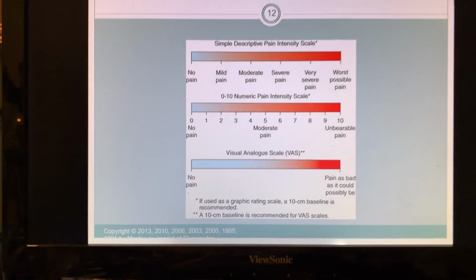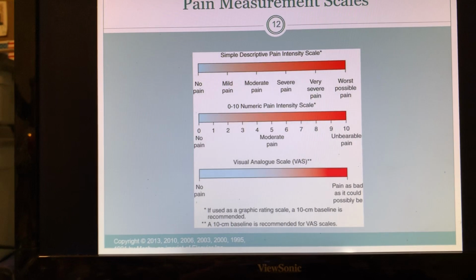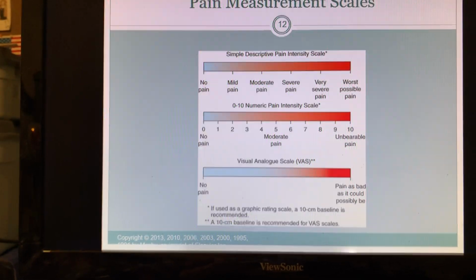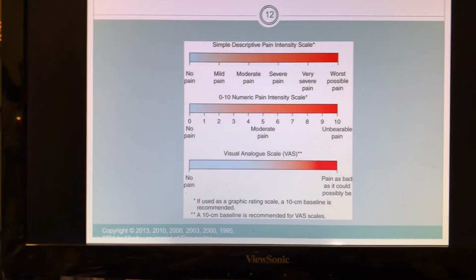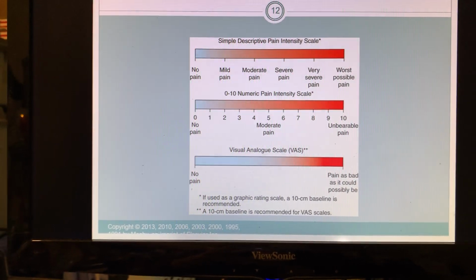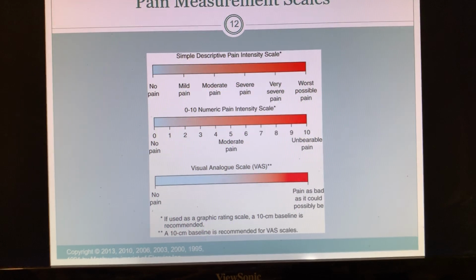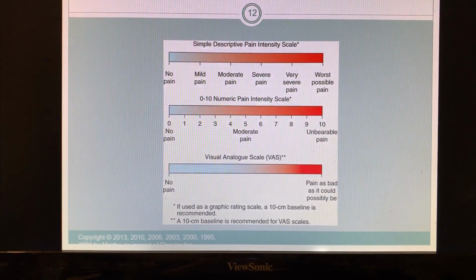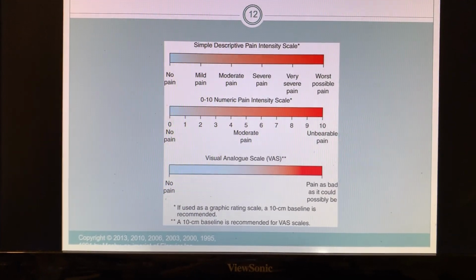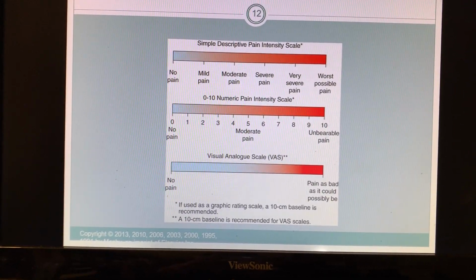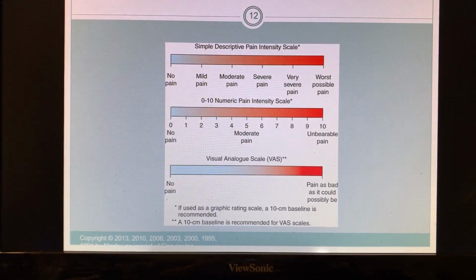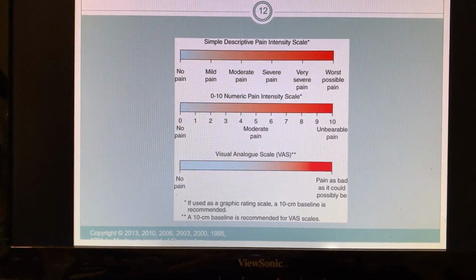So everyone's reaction to pain is going to vary based on so many factors. And so the only thing we can do is to take a patient's word for it, just to take them at face value.